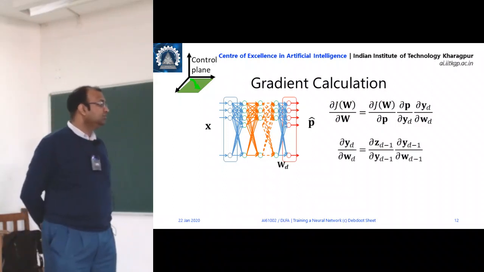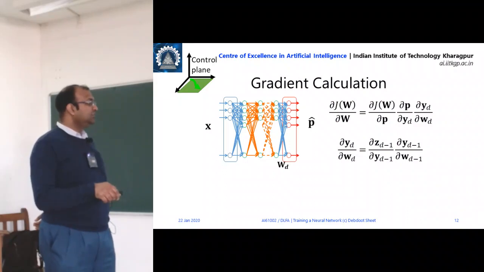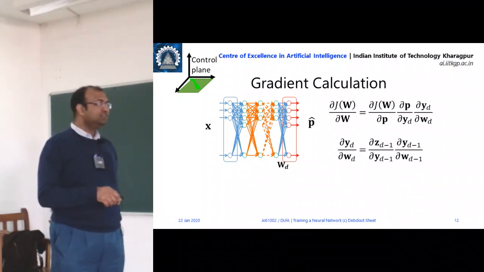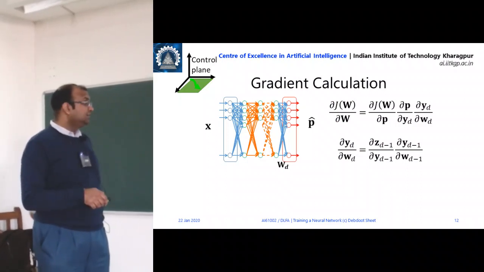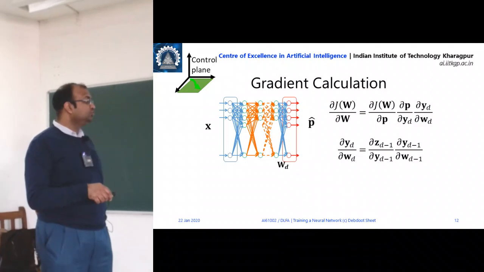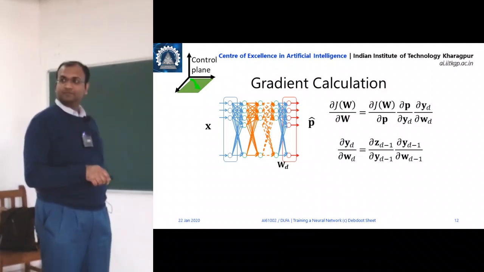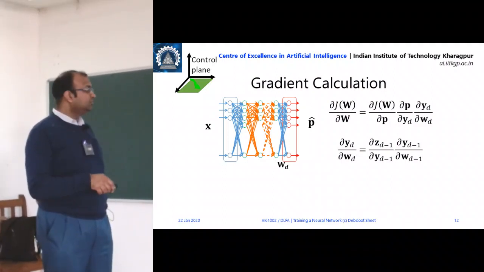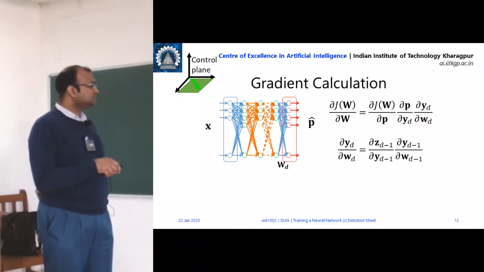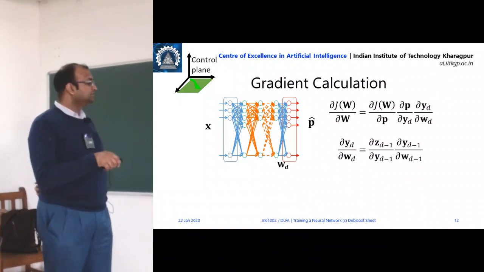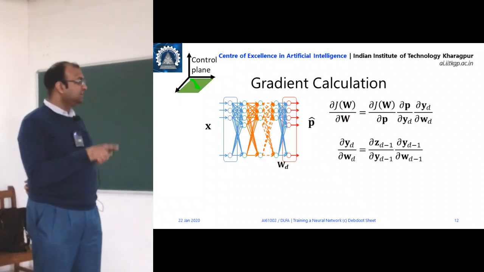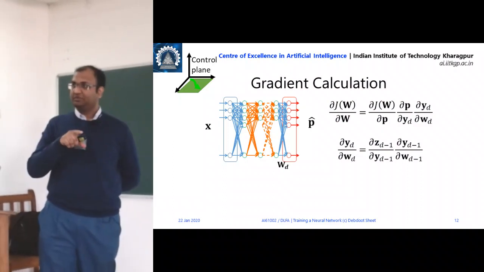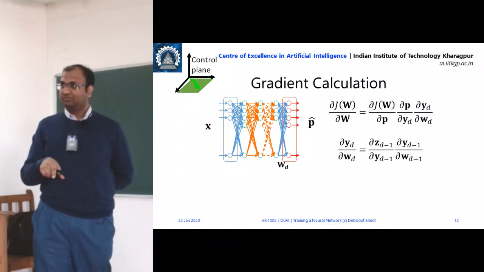Okay, now if you keep on writing this one, you would see that del yd of del wd is again equal to something like this, where z of d minus 1 is essentially whatever corresponds to that output p. Now here, the y part, which was after that summation, is essentially in terms of the weights of the previous input, dot product with whatever was the output.